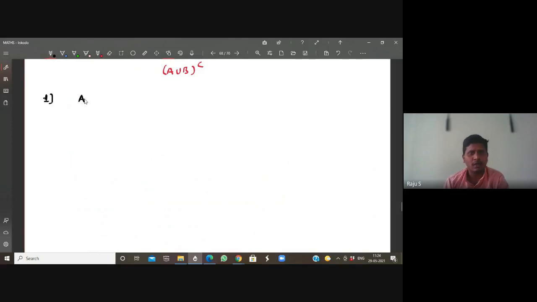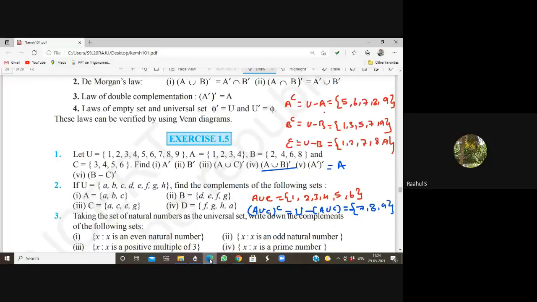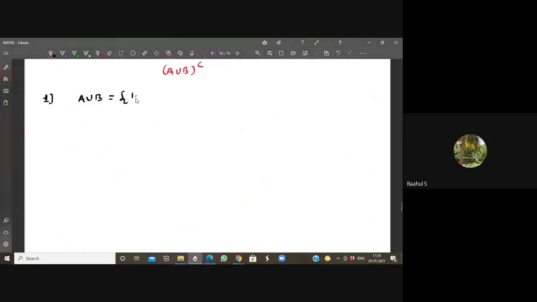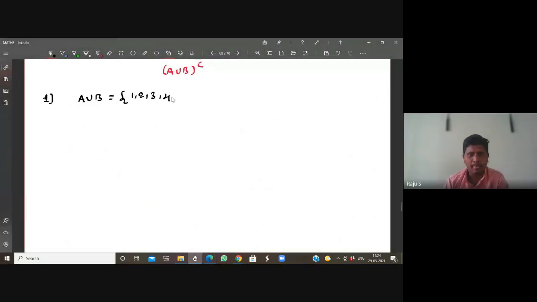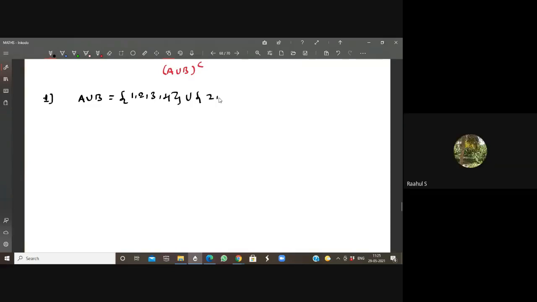Now, A union B. What are the elements of A? Tell me the elements. Elements of A: 1, 2, 3, 4. Union. What are the elements which belong to B? 2, 4, 6, 8.